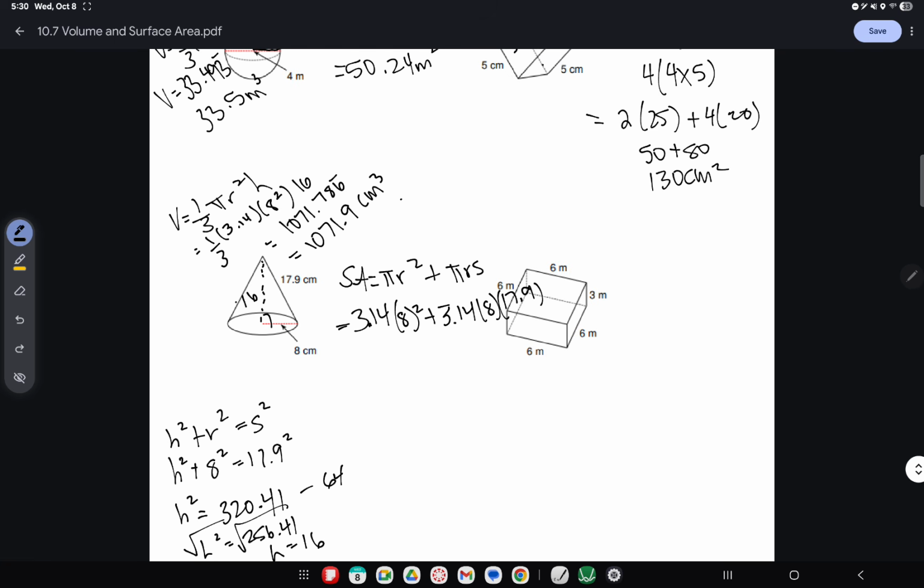And we'll throw that into a calculator. So 3.14 times 8 squared plus 3.14 times 8 times 17.9. So I get 650.608 centimeters squared.